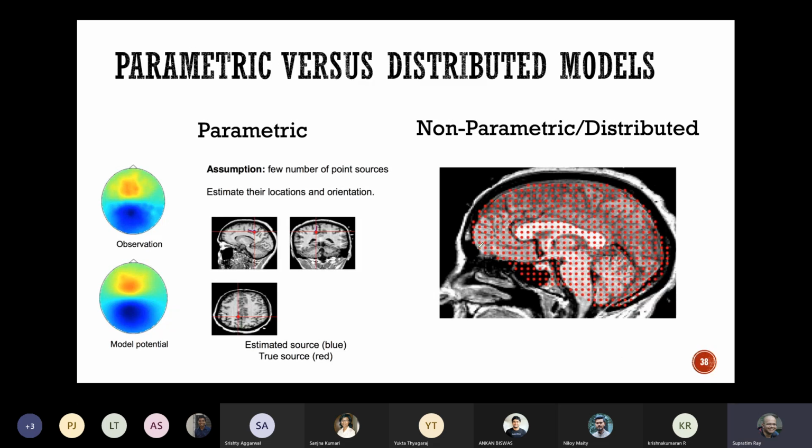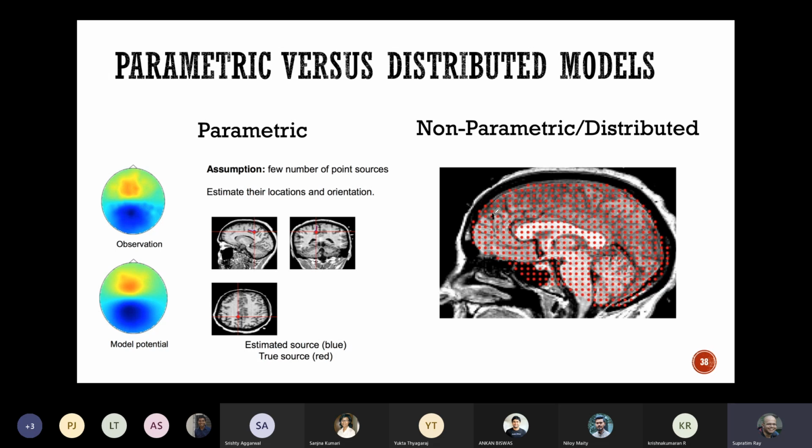So I'll say that, okay, my brain has a ton of dipoles. Let's say I have 10,000 dipoles. Position of the dipole is fixed.